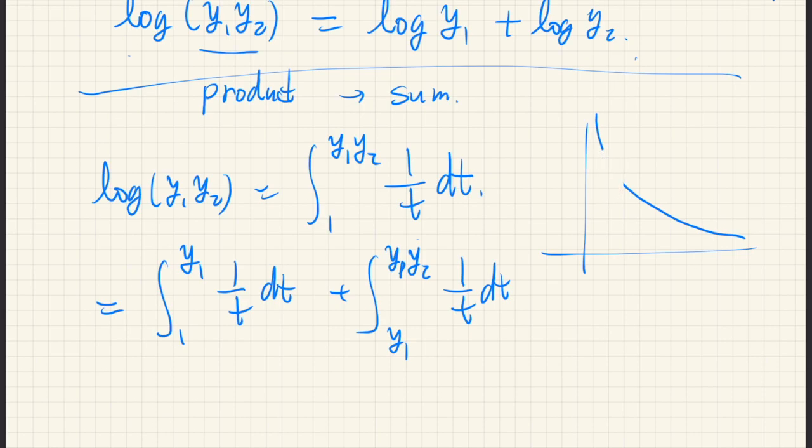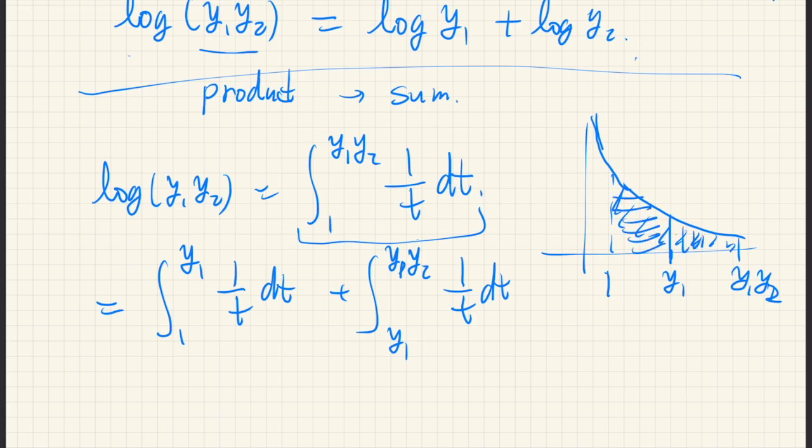By definition of the log, it's the area under the curve between 1 and y1 y2. So this area. So that's this integral. Now, if y1 is here, then we split this area into two pieces, this and this. So this corresponds to the first integral, and this corresponds to the second integral.